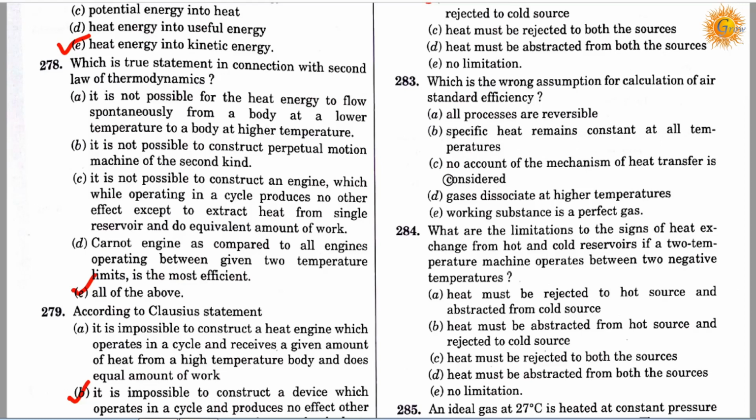Option C, no account of the mechanism of heat transfer is considered. Option D, gases dissociated at higher temperatures. Option E, working substance is a perfect gas. So correct answer is D, gases dissociated at higher temperatures.